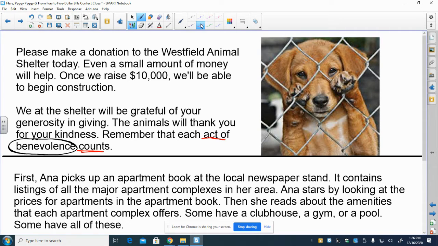So to me, an act of, this sounds like a thing. Benevolence is a thing. And the feeling is positive. If you're going to say that it counts, then the word here would be kindness. So I figured out that it's a thing, that it's positive, and when I look inside of the word, I do not see a word that I recognize, a prefix or a suffix.